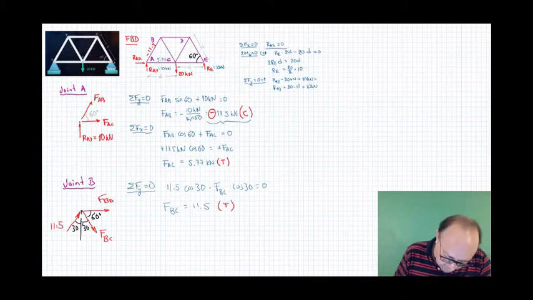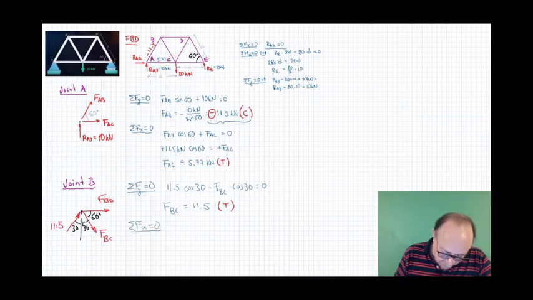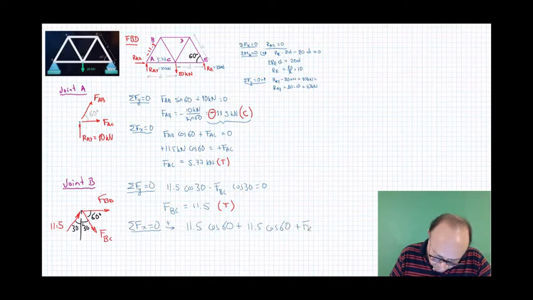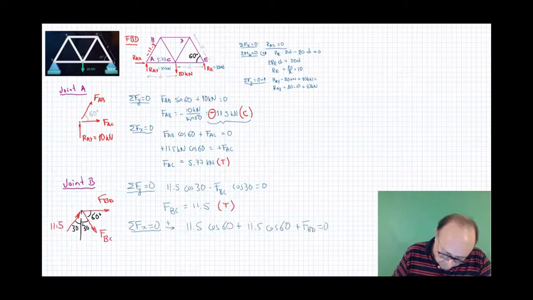Now summation of forces in the x direction equals 0. So we have 11.5. We're going to do positive going to the right. 11.5 cosine 60 plus FBC, that is, we just found it, 11.5 cosine 60 also, plus FBD equals 0.